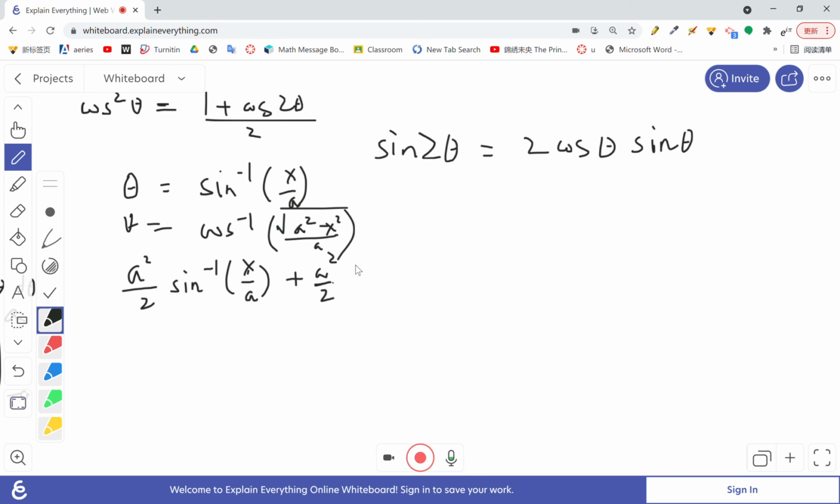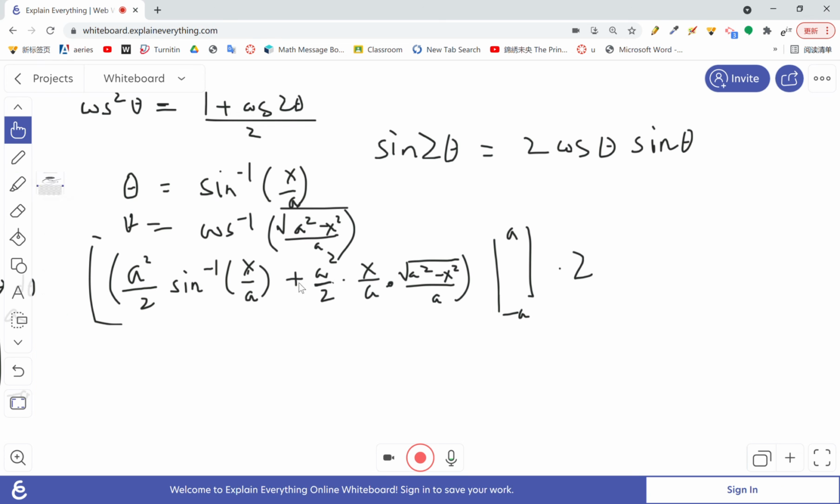So we have a squared over 2 times x over a times the square root of a squared minus x squared over a. Then we take this integral from negative a to a, and the entire thing, times 2, is going to be our area.